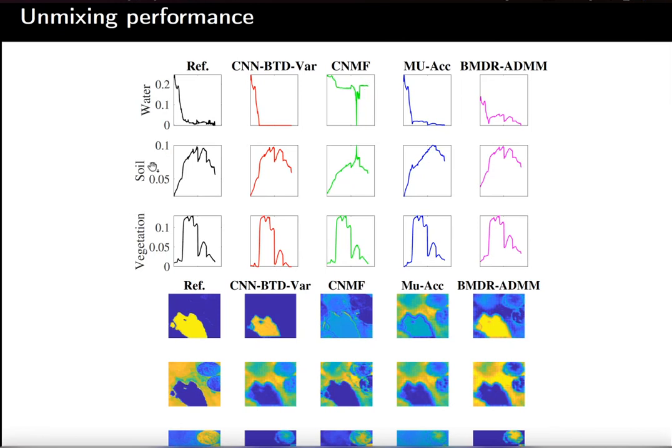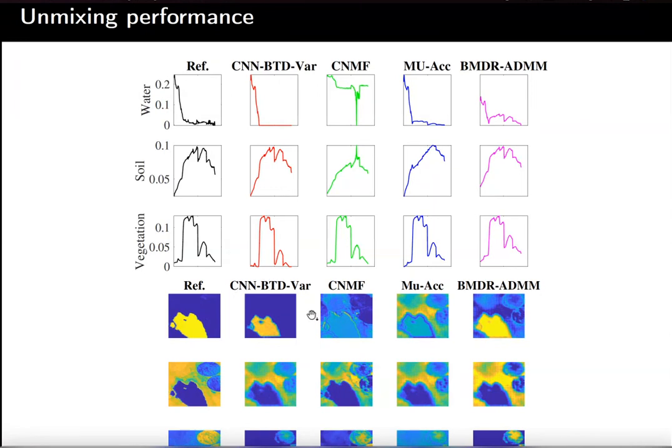First, what we can see is that the proposed approach allows us to recover all the spectral signatures accurately, while, for instance, CNMF did not perform well for water. Regarding the abundance maps, we can also recover them correctly, although with a smaller spatial resolution than other state-of-the-art methods.